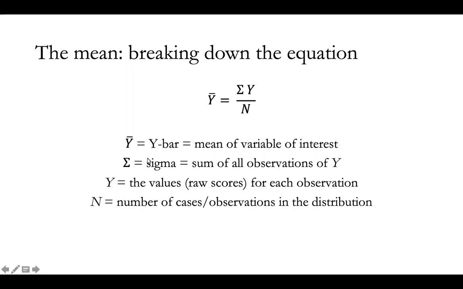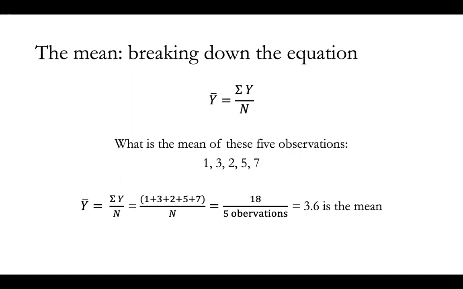Sigma is notation that's asking us to add up, to sum all of the observations for y. Y is our variable of interest. So we're going to look at every single observation, look at the value for every observation, add it up, right? Because y is the actual values for each observation. And once you're done adding all of that up, you divide it by the total number of cases. So that's what that means.